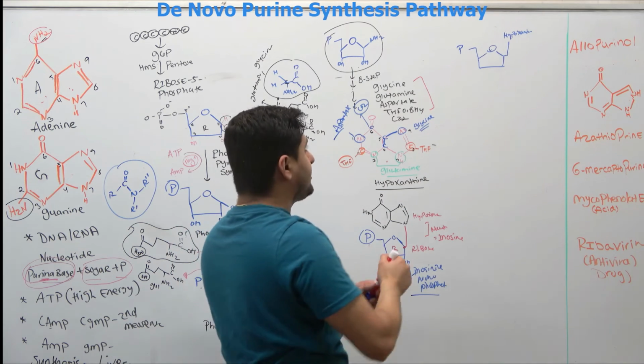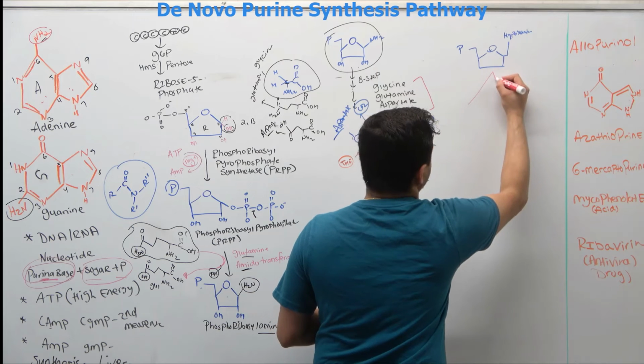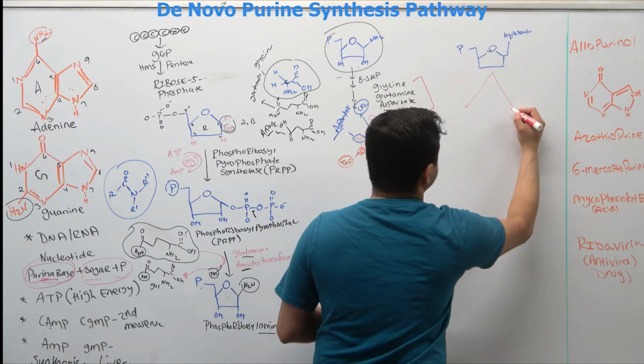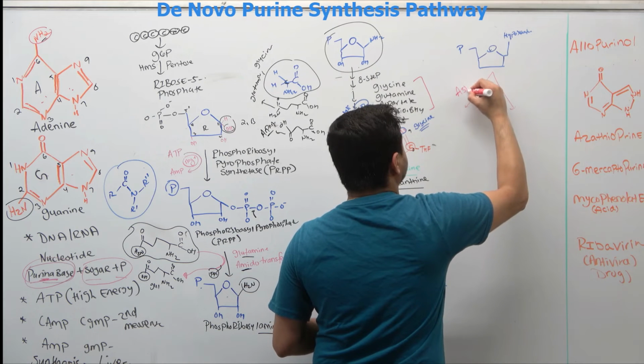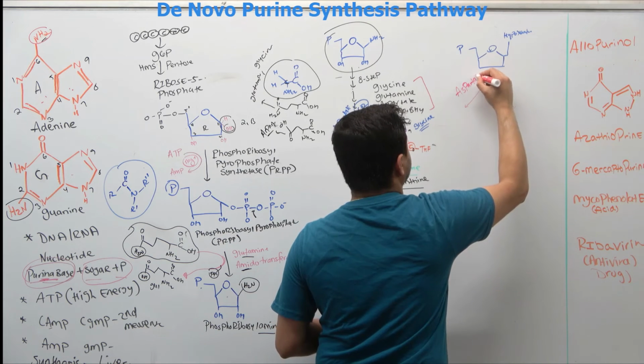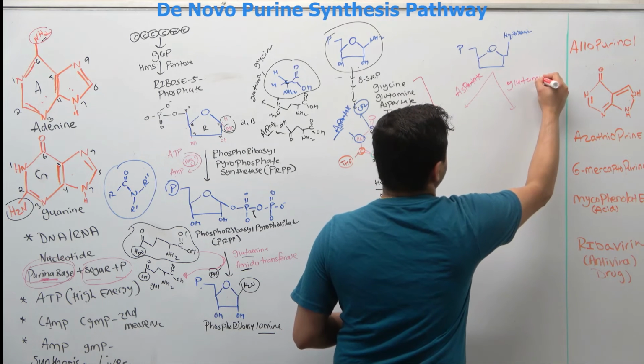Now, when you make IMP, it can go to two pathways. This is something you have to remember. One pathway uses aspartate, or the other pathway uses glutamine.